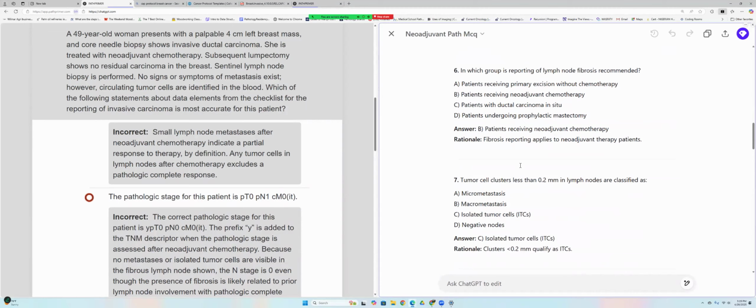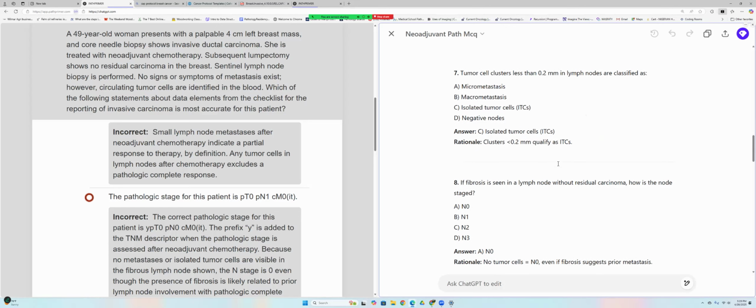A, patient receiving primary excision without chemotherapy. B, patient receiving neoadjuvant chemotherapy. C, patient with DCIS. B, receiving chemotherapy. Yes, fibrosis reporting applies to different therapy settings. You don't report fibrosis in normal patients who have not undergone neoadjuvant chemotherapy.